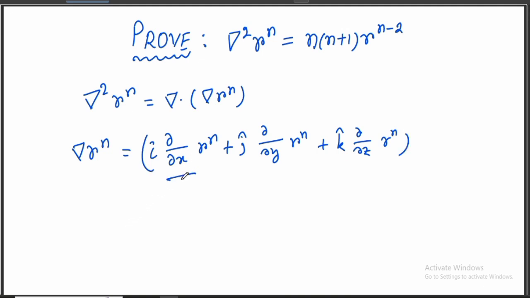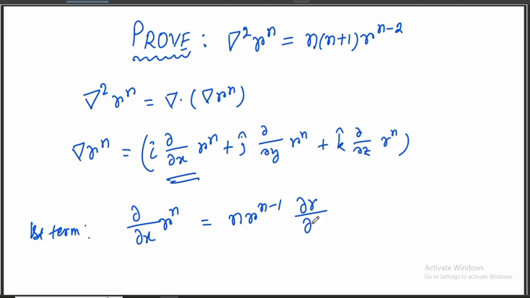Now let's take the first term, del x r to the power n. This can be written as the partial derivative del x of r to the power n, so it will be n r to the power n minus 1 del r del x, right?